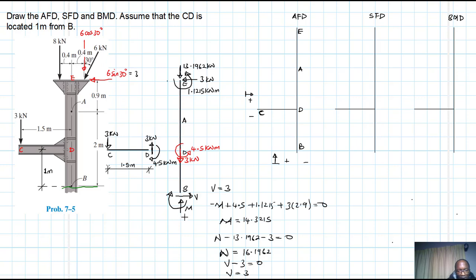So there we said our N is equal to 16.1962 kilonewtons, and then we have that shear force, which is just equal to 3 kilonewtons, and then we have M, which is our moment, which is just equal to 14.3215.